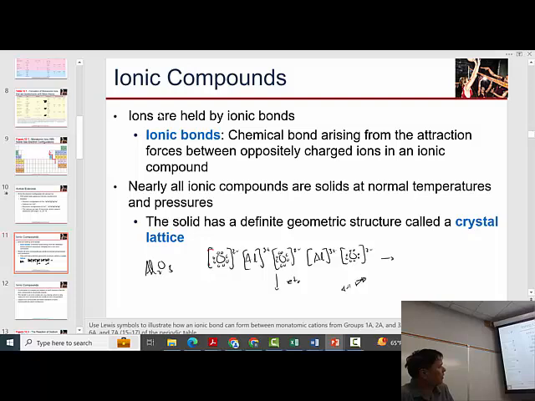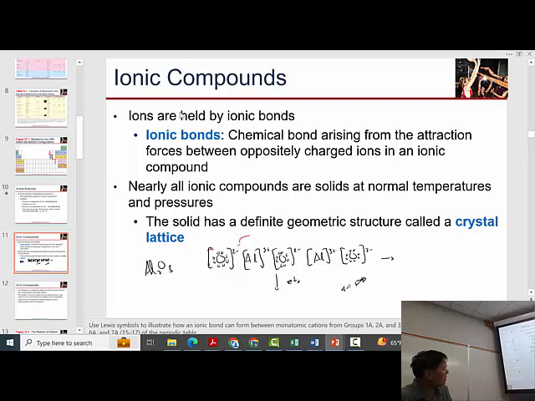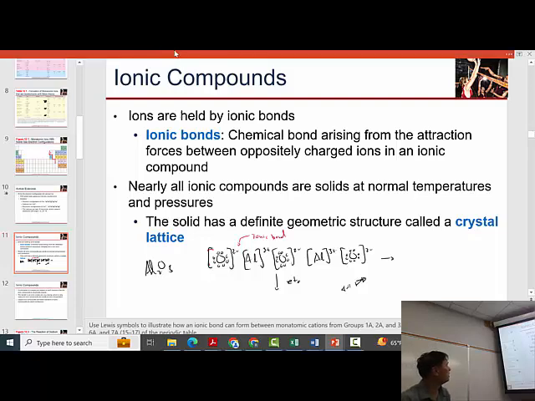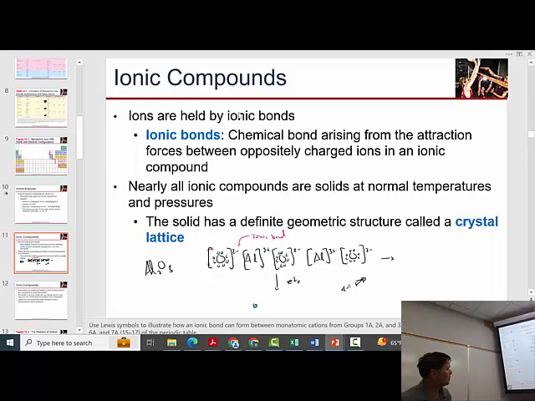The bonds are not shown by any kind of line. When we share electrons, we usually show a line, but in an ionic bond, we just write the ions next to each other. And what this symbolizes is what we visualize when we're looking at something like this. We visualize an aluminum ion. Aluminum ion's tiny. When you lose 3 electrons, you shrink. When you lose like 1 electron, you shrink to about half the size.